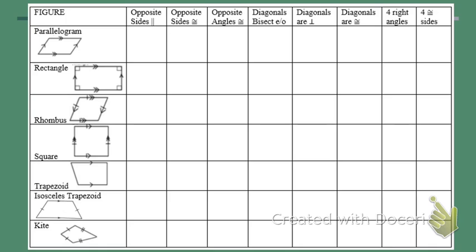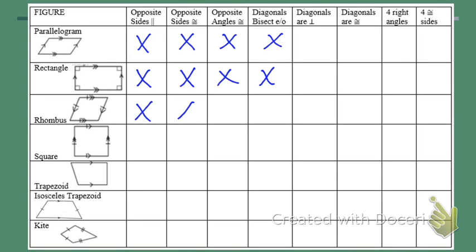All right, so we're going to take a moment to fill out this chart here. When you've got a parallelogram, opposite sides parallel, yes. Opposite sides congruent, yes. Opposite angles, diagonals bisect each other, yes. We'll get to the other couple, but let's just start with these. So the rectangles are opposite sides parallel, congruent, opposite angles, diagonals bisect each other, yes.